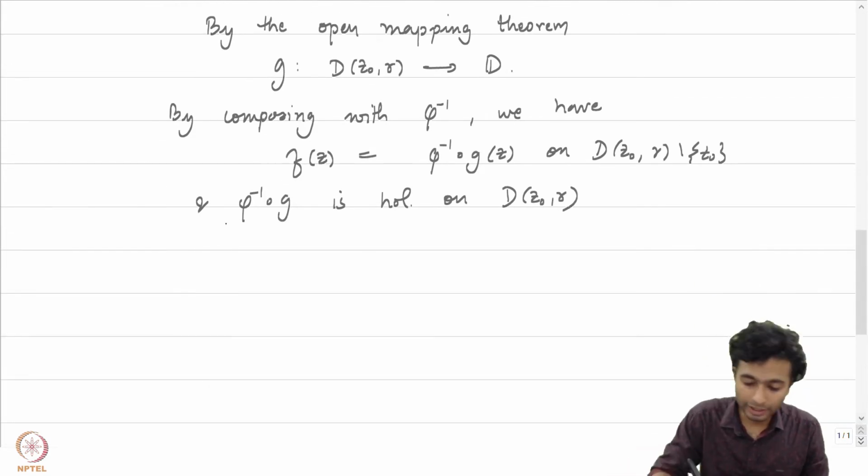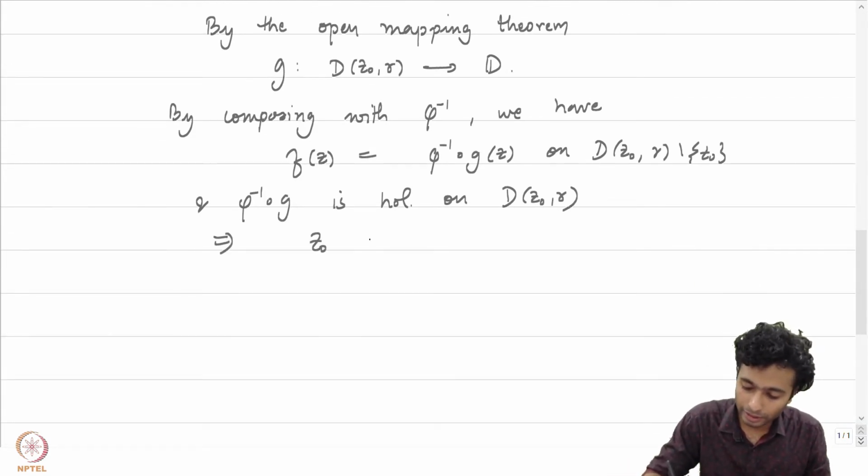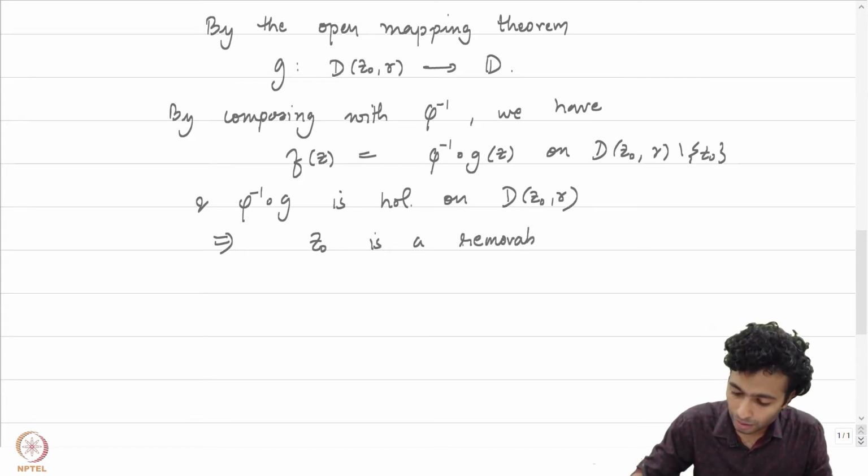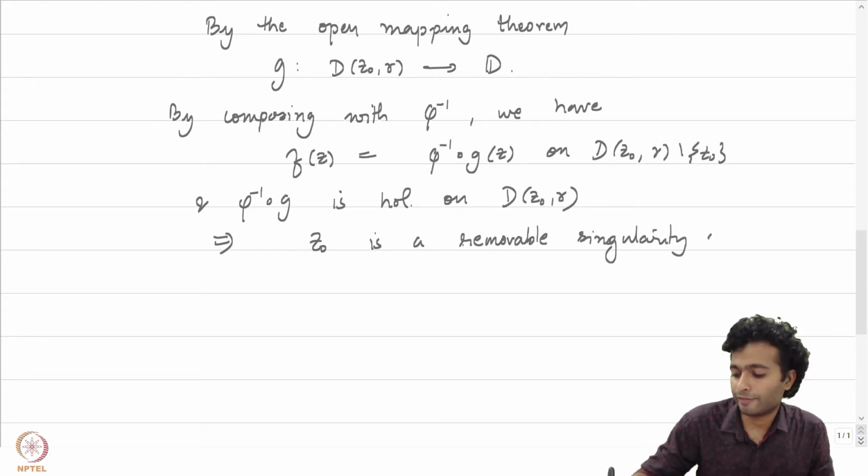And therefore, this tells us that z0 is a removable singularity of f, by the very definition of removable singularity.